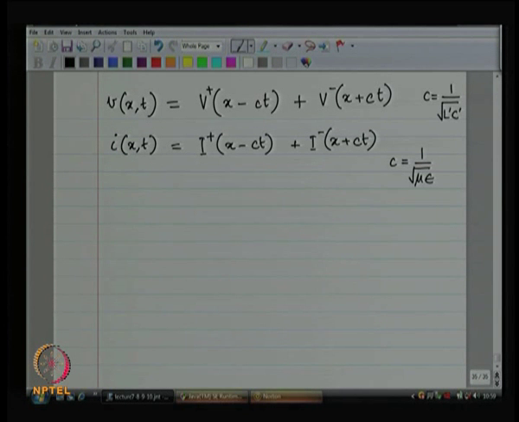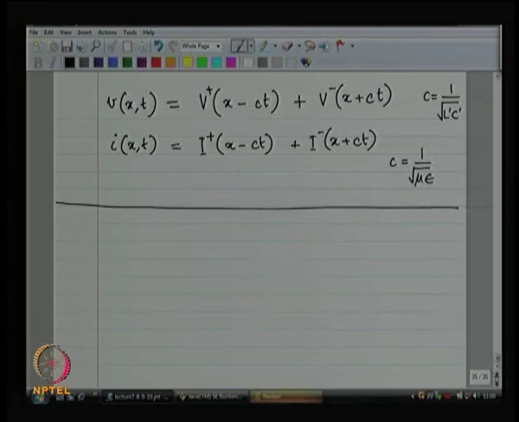Now, this V plus and this V minus are functions of x and t, and it is really a function of x minus c t, and a function of x plus c t. That is what it means. You can plug these back into the original equations and you will see that they work.